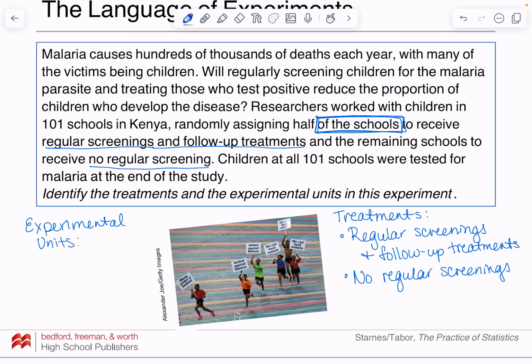Yes, I get it that the kids are the ones getting the treatments or getting the screenings, but the way that things were assigned, they were assigned to the schools. Okay, so the experimental units are technically the schools. Technically it's the 101 schools in Kenya.